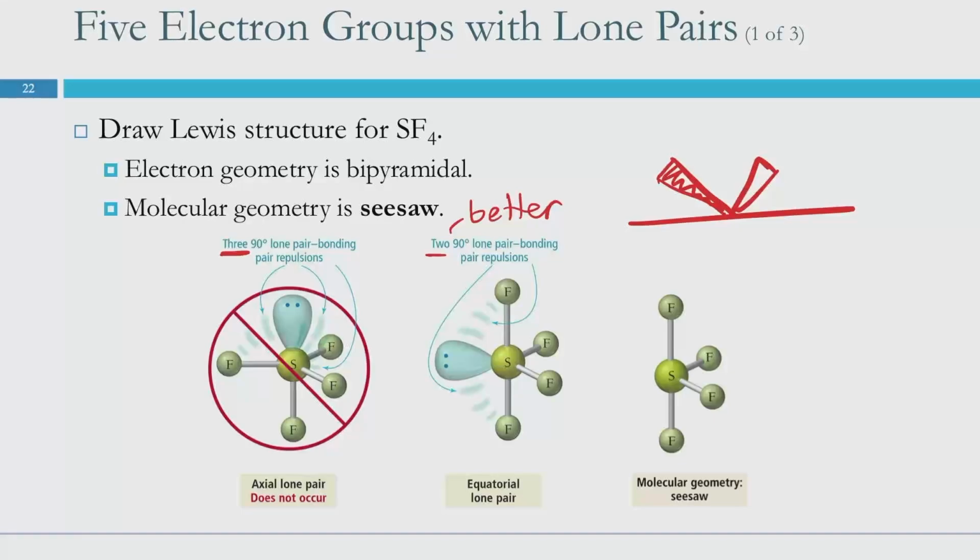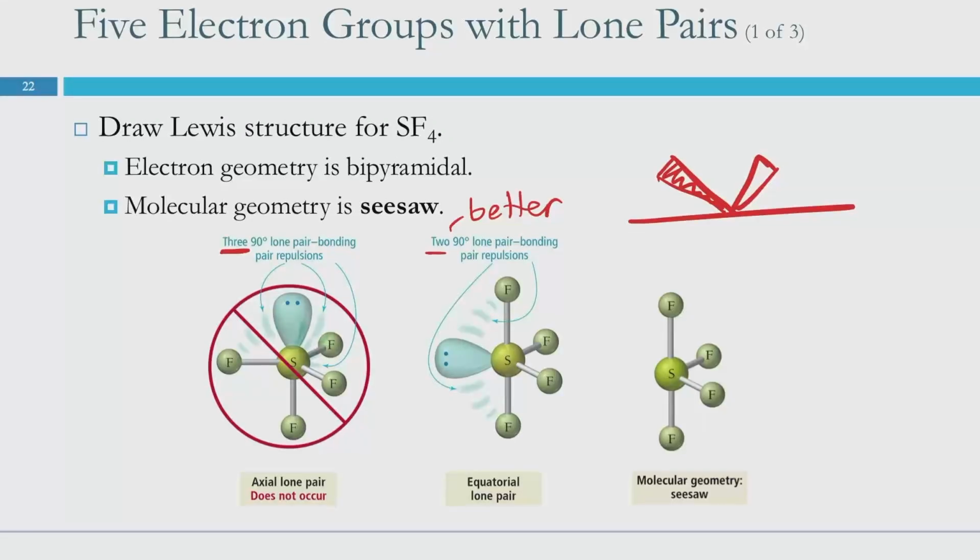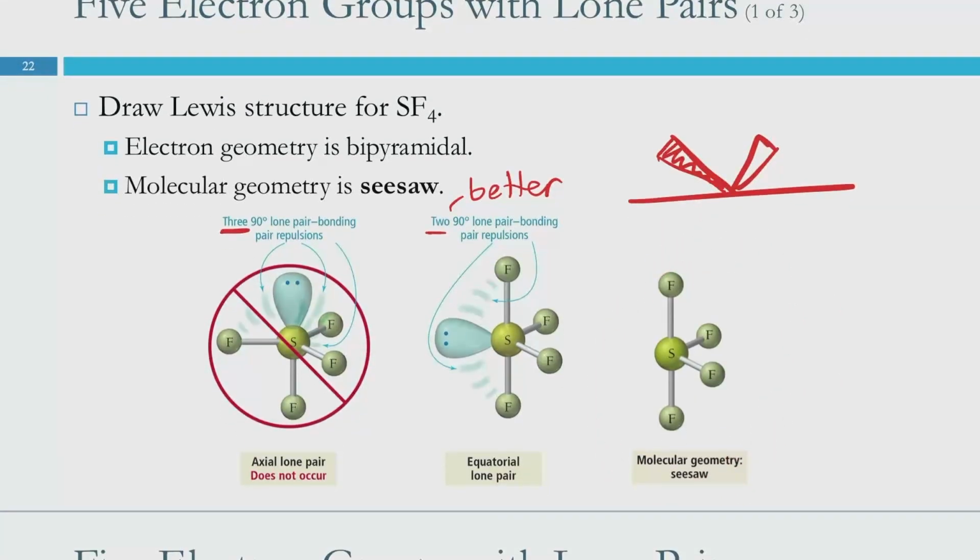Those could also be the legs. That also works. Yeah. That's probably better. Either way, they would probably seesaw. So that's our molecular geometry for 5 electron groups with 4 bonds, or 4 bonding groups.